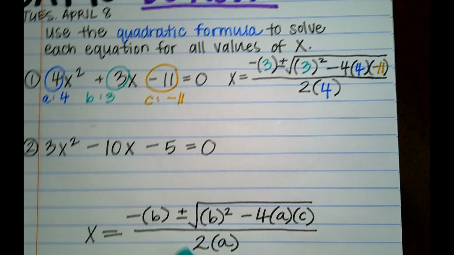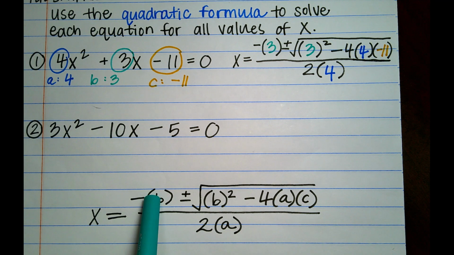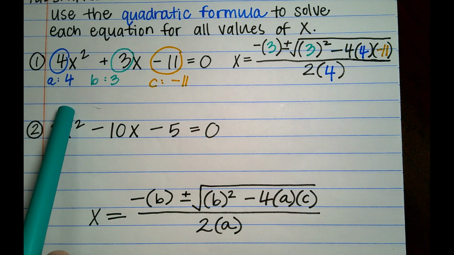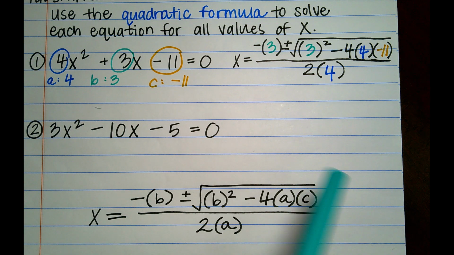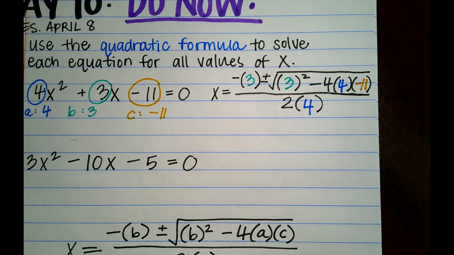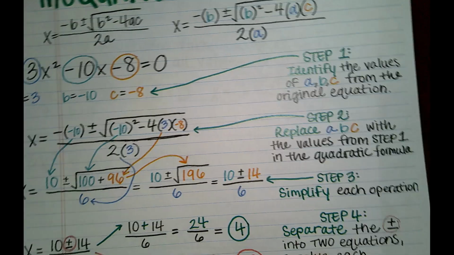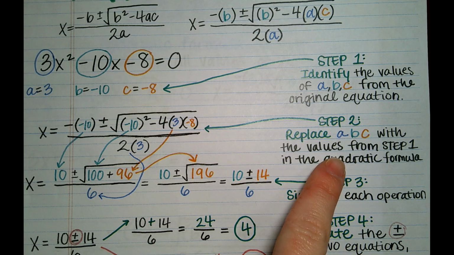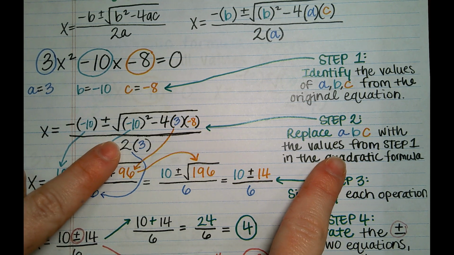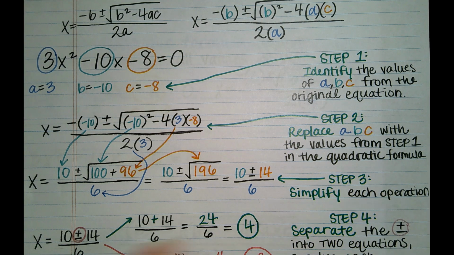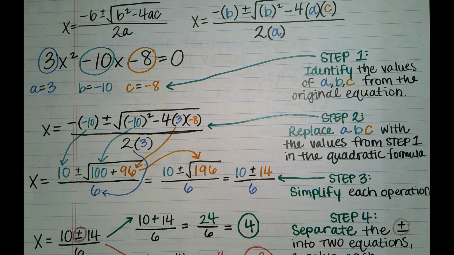Okay, and we're just looking at this. Anytime we saw a B, we put a 3. Anytime we saw A, we put a 4. Anytime we saw C, we put -11. So, according to our handout, step 3 says we're going to replace each of the values that we plugged in step 1, and we are going to simplify each of the operations.